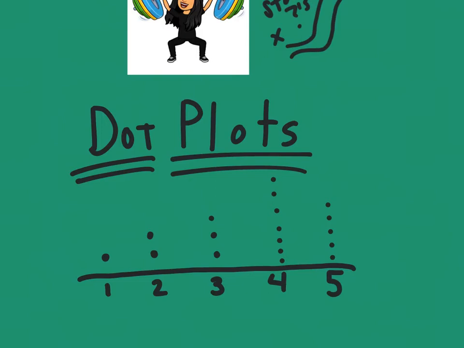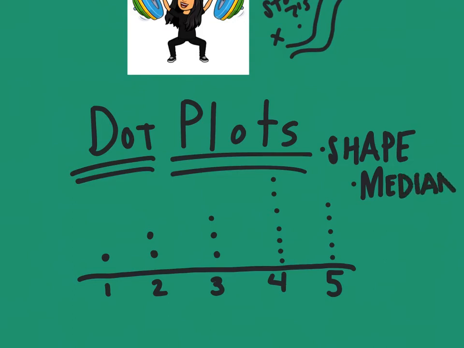We're going to be doing a few different things with the dot plot. We're going to be able to determine the shape. So just like what we did before, we can determine the shape of a dot plot. We can also determine the median of the dot plot, so you guys know how to find median. In fact, this is even simpler, I feel like, the middle number.